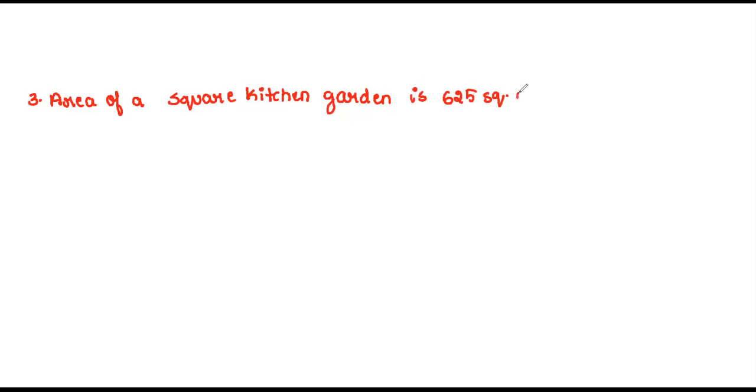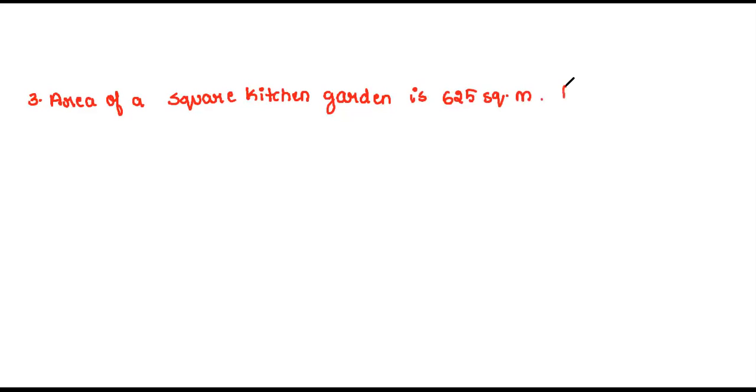Problem number 3 is stating: the area of a square kitchen garden is 625 square meter.